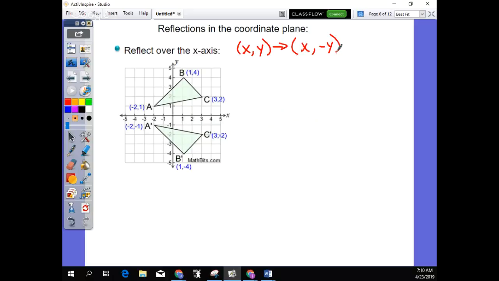So if I'm going to take a transformation matrix, in fact, I'm going to even call it a reflection matrix, I'm looking for a matrix that I can multiply to our pre-image matrix. And that's going to essentially do this for all the x and the y's.